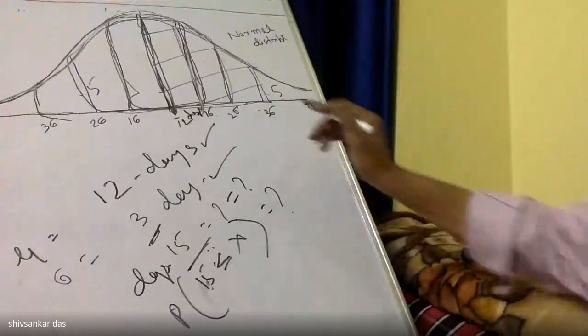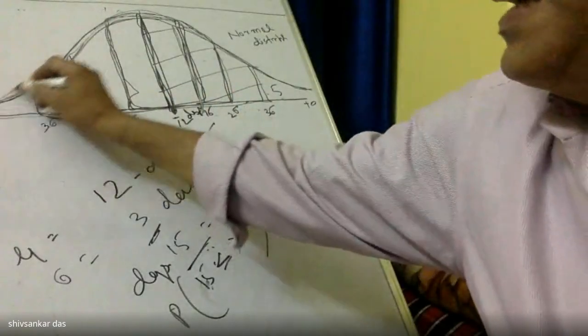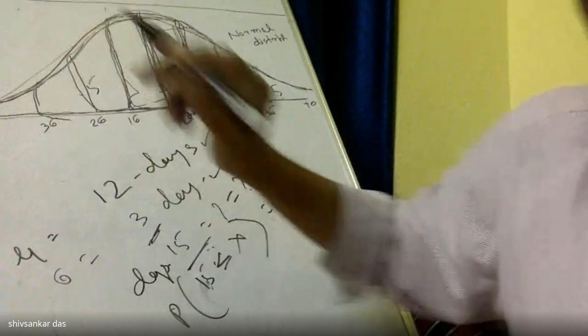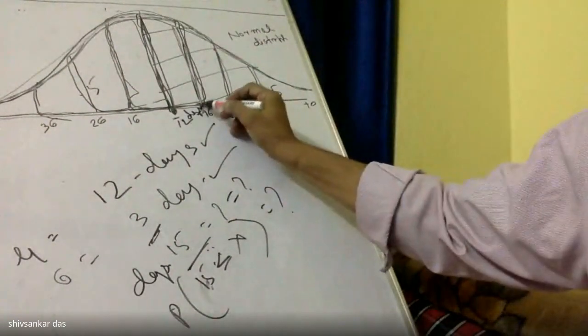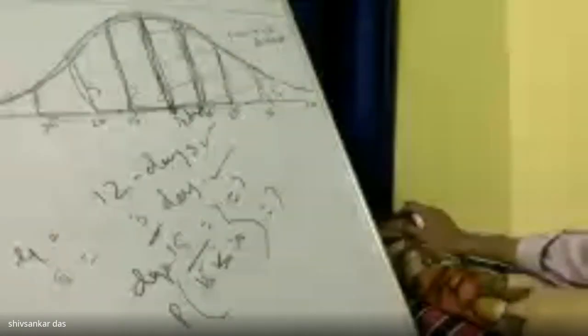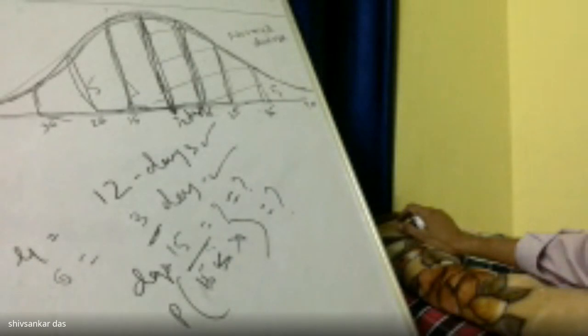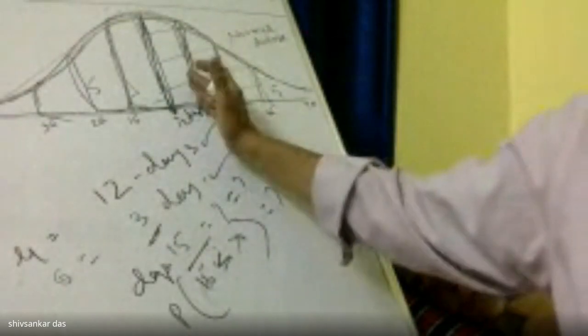What is the area between this? Less than 15 days. The project will be completed less than or on 15 days.